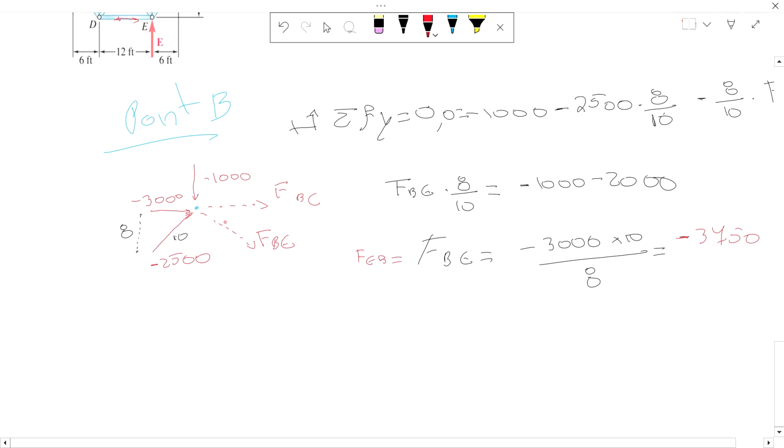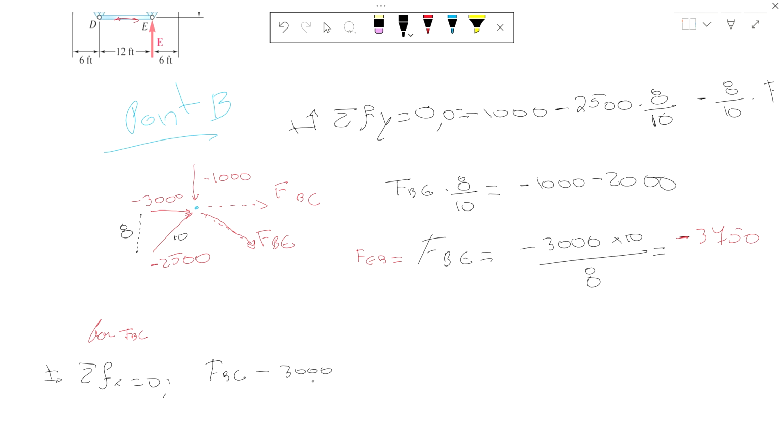Okay, now that we have this force, we can compute B to C. And in order to compute B to C, we simply do a summation of forces in X. Summation of forces in X equals 0. We're going to take everything positive going horizontally to the right. That means that FBC minus 3000, and then 1000 doesn't come into the equation because it's going in Y, but negative 2500 does.